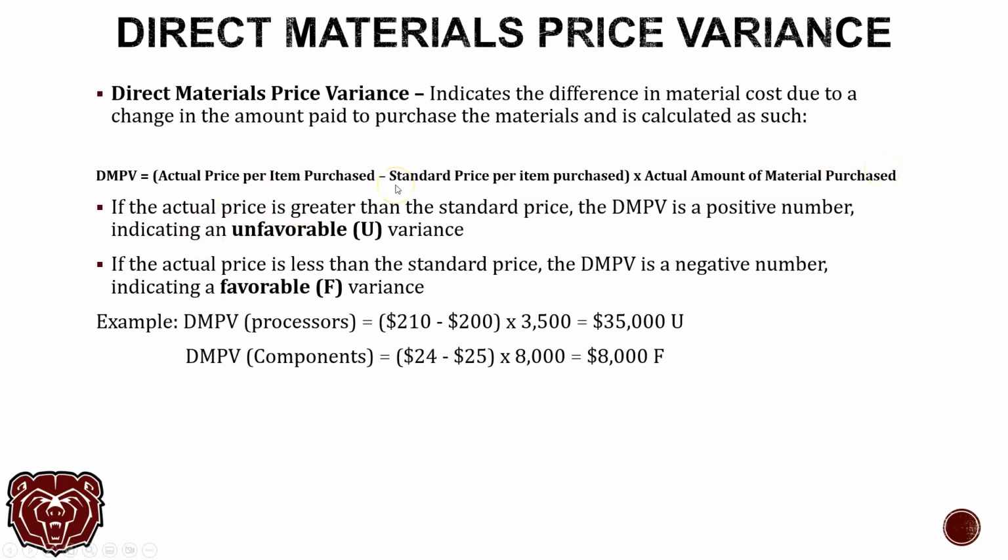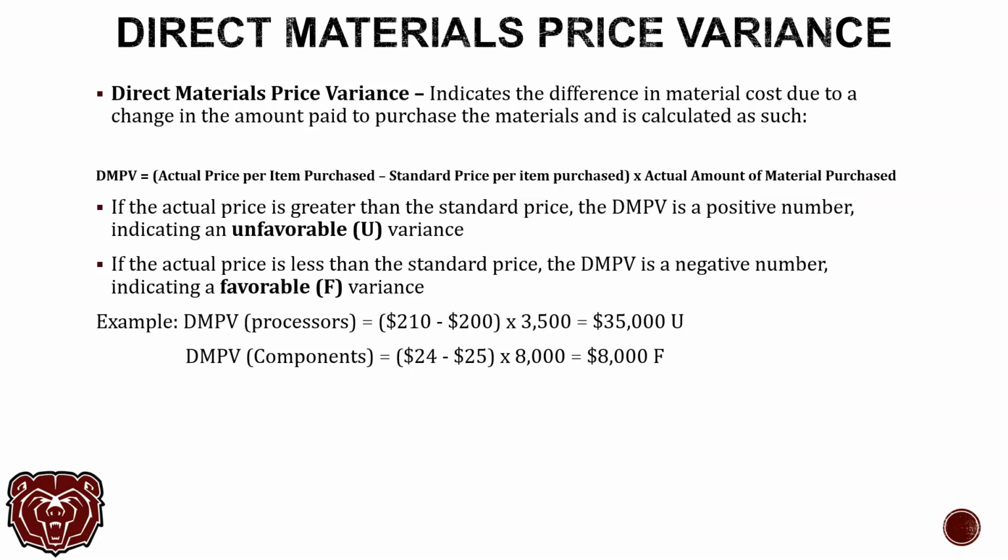So if the actual price is greater than the standard price, then it's going to be a positive number. This indicates, once again, an unfavorable variance. We actually paid more for it than what we thought we were going to have to. We paid more for it than what we budgeted to pay for it, okay? If the actual price is less than the standard price, then it's a negative number. This indicates a favorable variance for us. We paid less for it than what we thought we were going to.